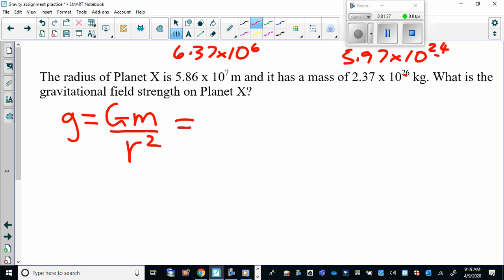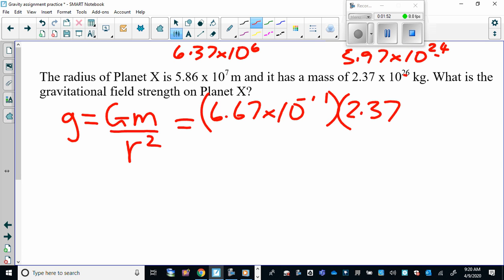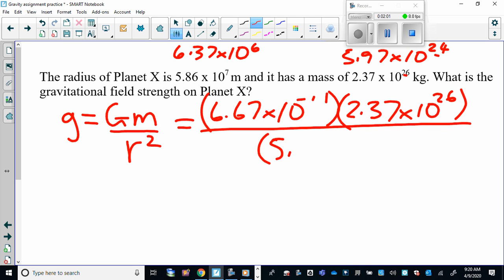So in terms of the question, it's very straightforward. 6.67 times 10 to the negative 11 times the mass of the planet, divided by the radius, and don't forget to square it.